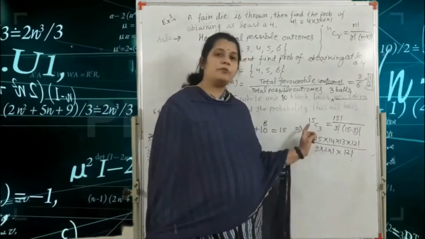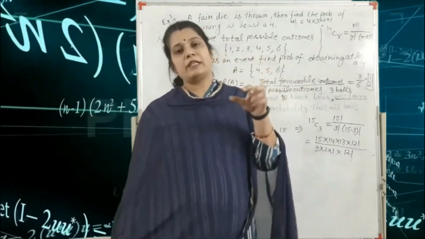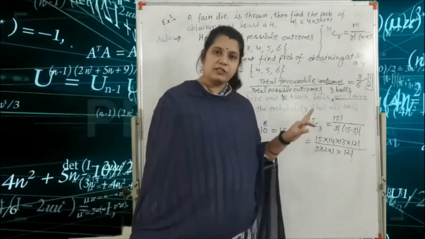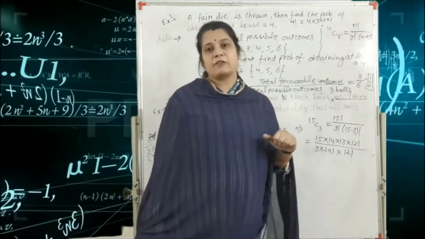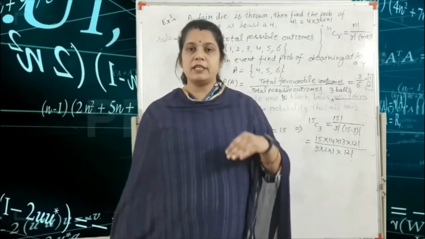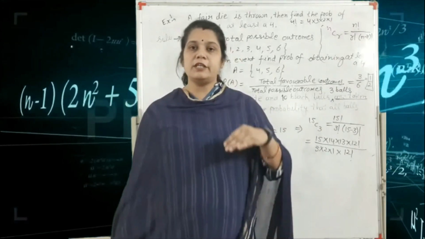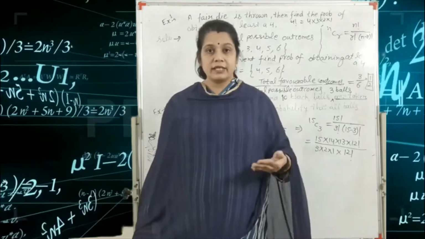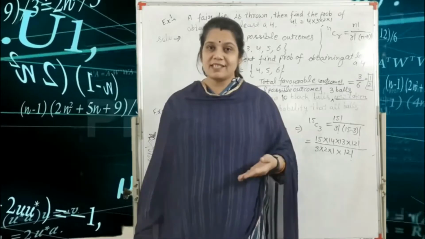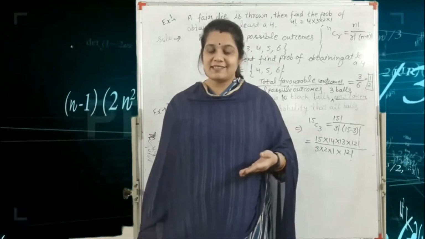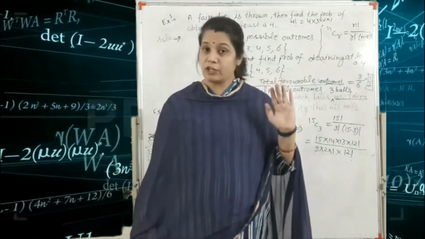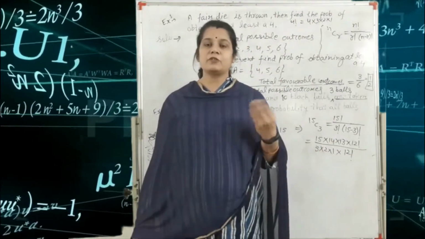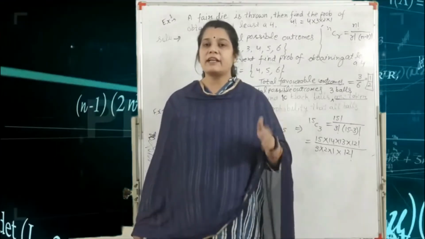In the numerator you open your factorial according to this term, so open factorial 15: 15 into 14 into 13 into 12 into 11 down to 1. Then open factorial 12: 12 into 11 into 10 into 9 up to 1.